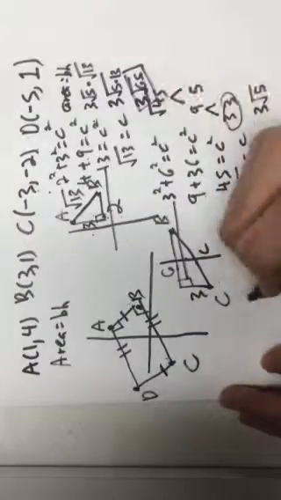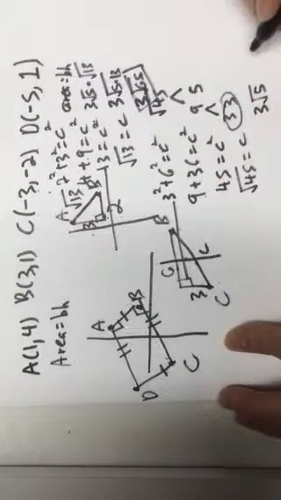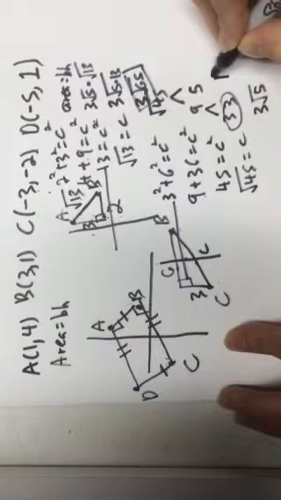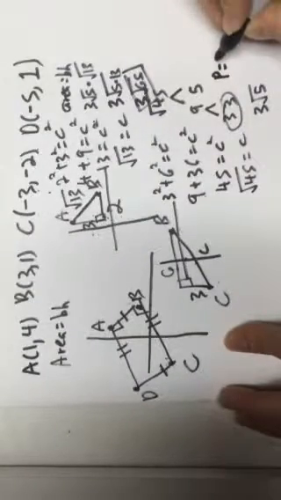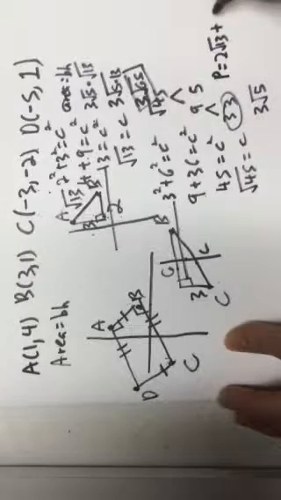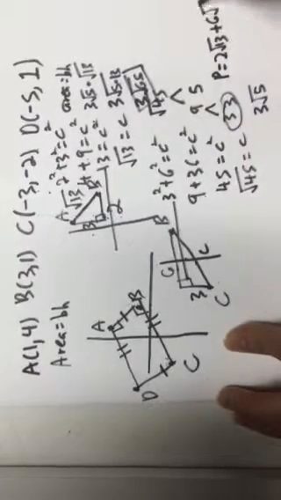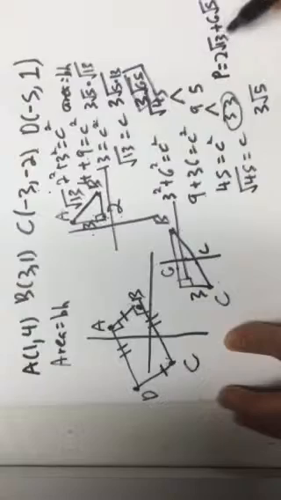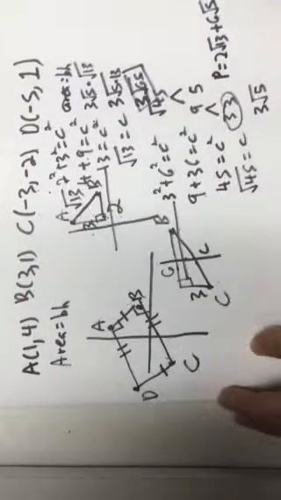So for the perimeter, you're going to have 2 root 13s, plus 6 root 5s. Okay, so you can't actually add the 13 and the 5, different roots. So 2 root 13 plus 6 root 5.